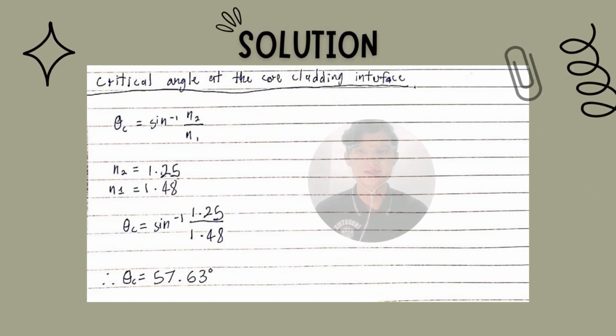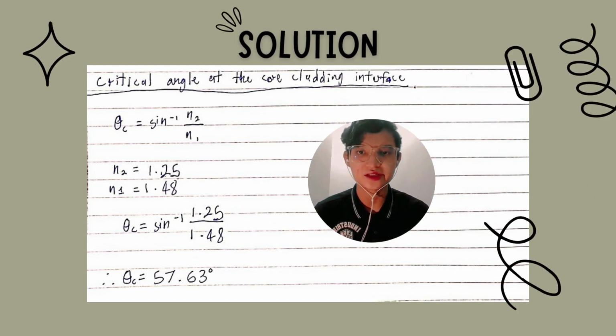Next, we will continue with the critical angle at the core cladding interface. For this, we will use the formula for finding the critical angle. It is similar to the Snell's law formula. So the answer we got from using the formula is 57.63 degrees.